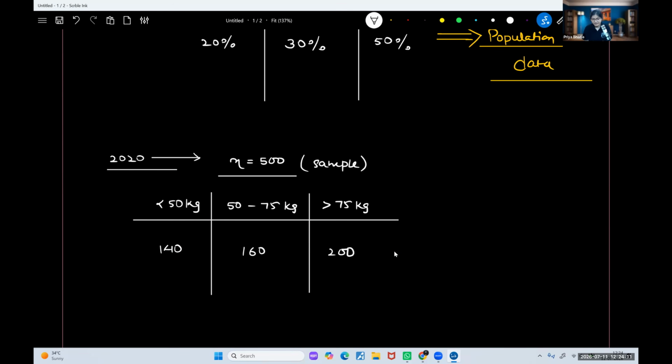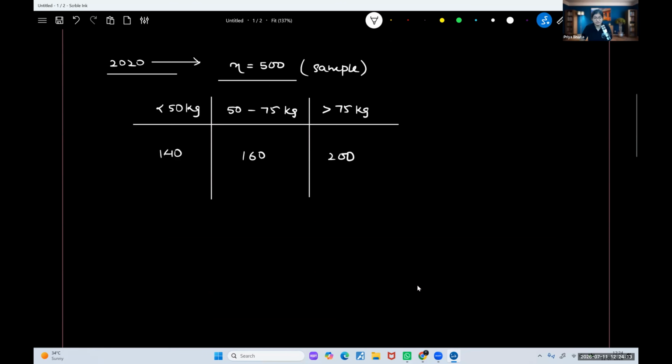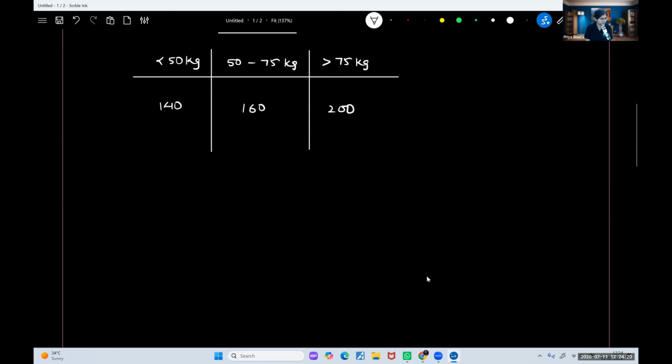The question is, which the researchers are asking from you as a data scientist, कि, do we have a population difference of weights or not?